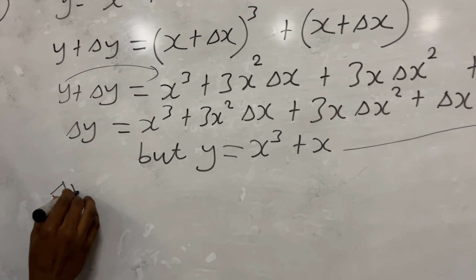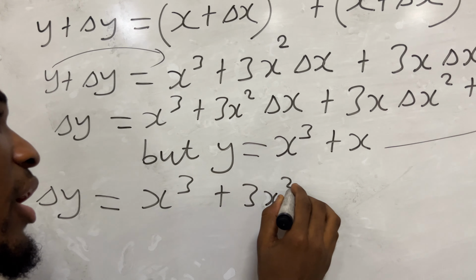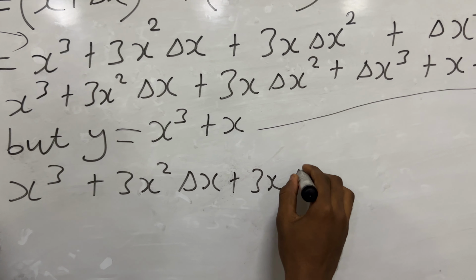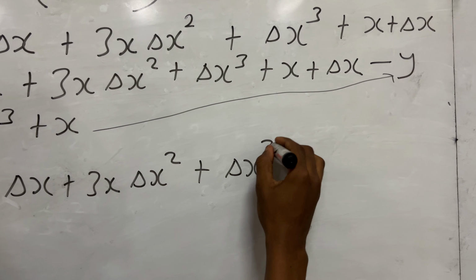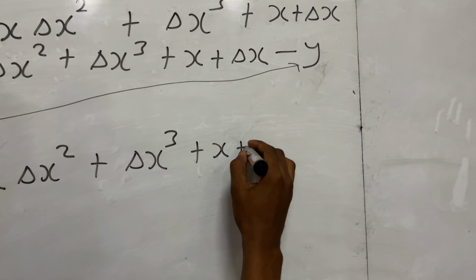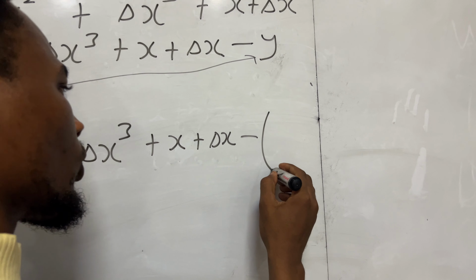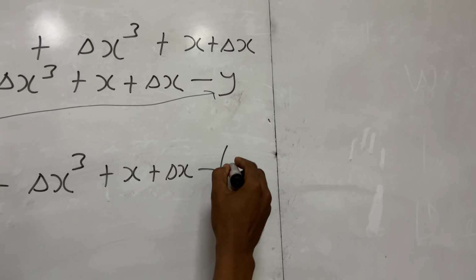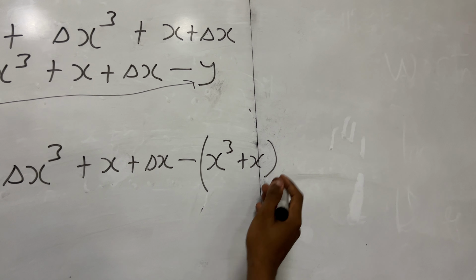So my change in y will become x cubed plus 3x squared change in x plus 3x change in x squared plus change in x cubed plus my x plus change in x minus my y. Because y is an expression, I'll enclose it in a parenthesis. So the whole of y here becomes x to the power 3 plus my x over here.